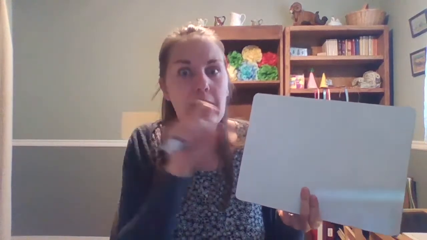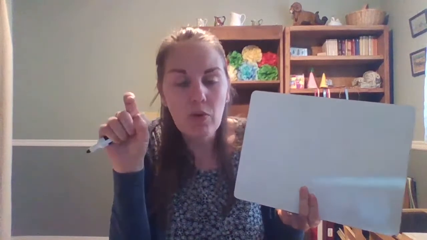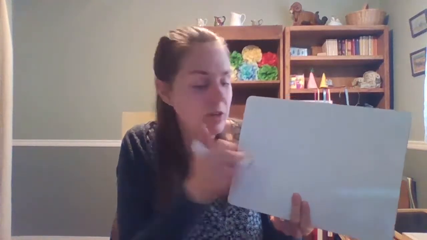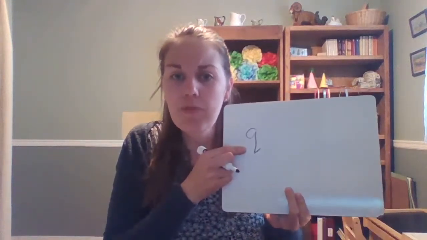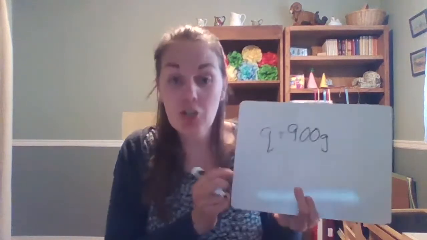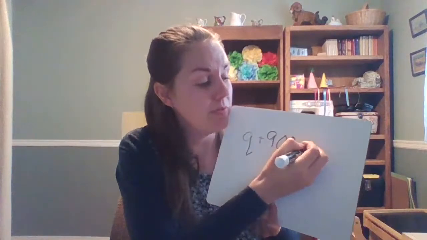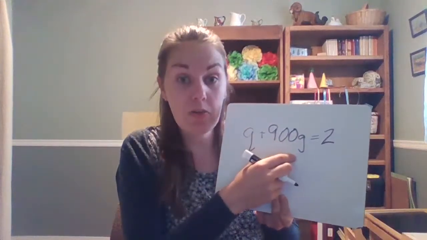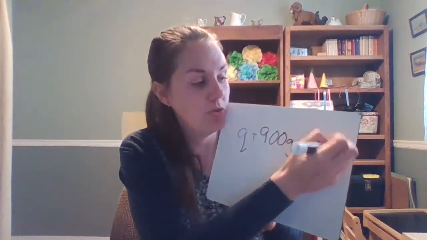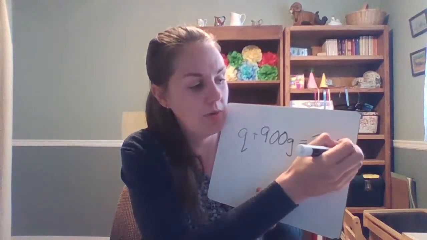Without dividing it into each quarter weighing 5 grams, they're just saying give a total weight for the quarters. So we're just going to use Q. Q is the weight of the quarters plus the 900 grams that the jar weighs. Together, both of those things equal the 2 kilograms, or if we're going to keep our units consistent, 2,000 grams.